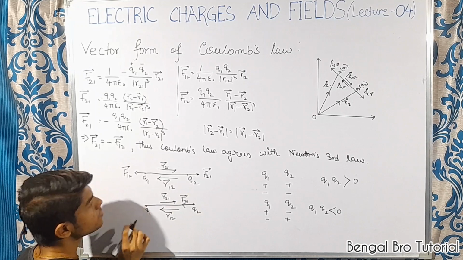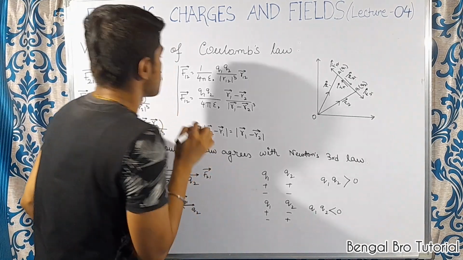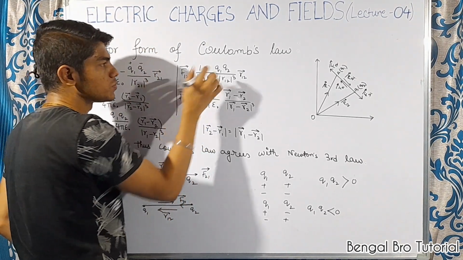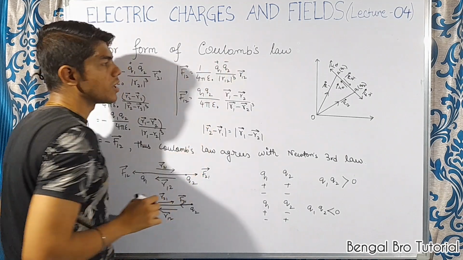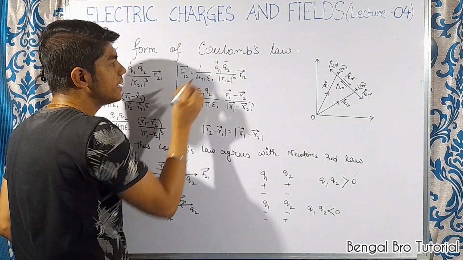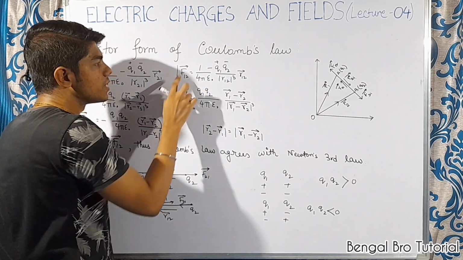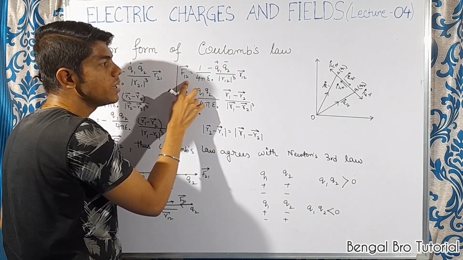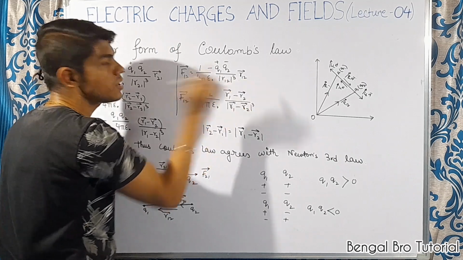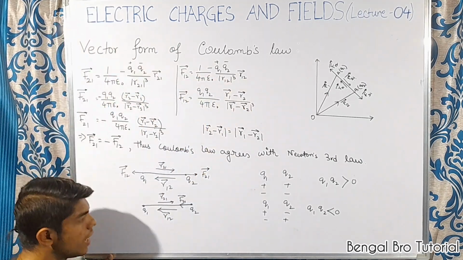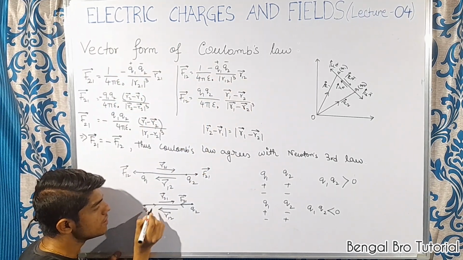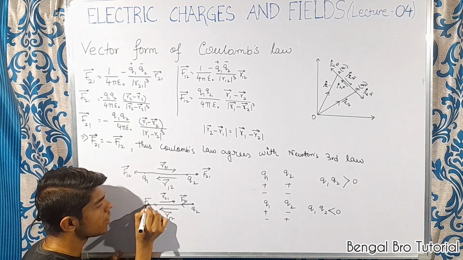And F12, when one is positive and the other is negative, then there will be a minus sign here which will indicate that F12 will be opposite to the direction of R12. Now this is the direction of F12.